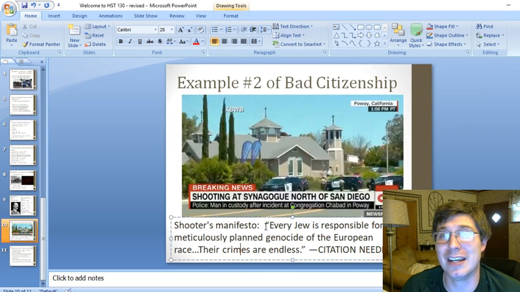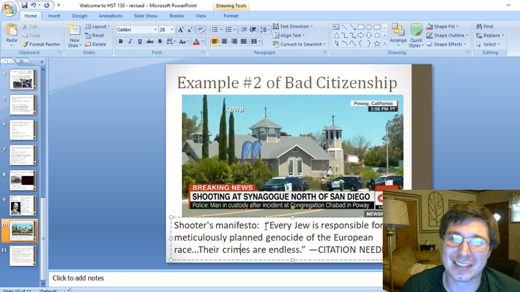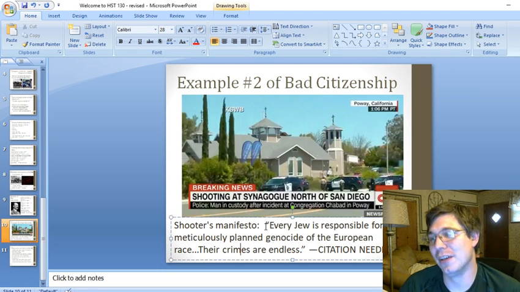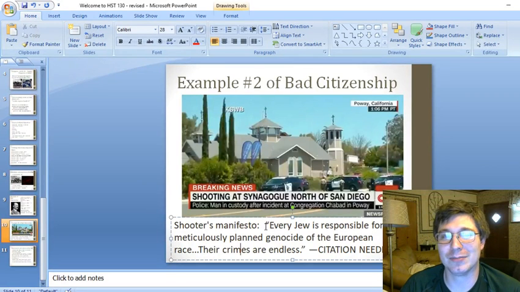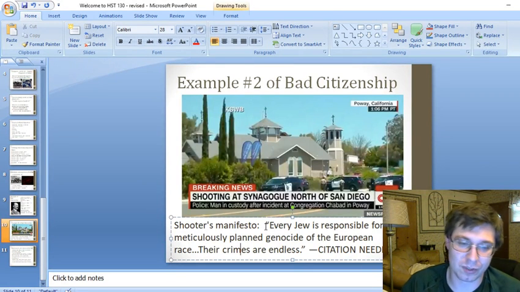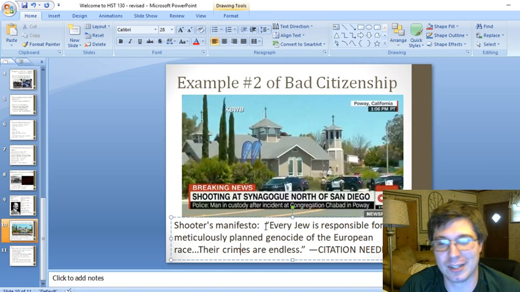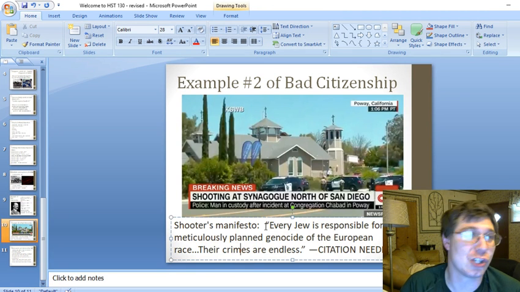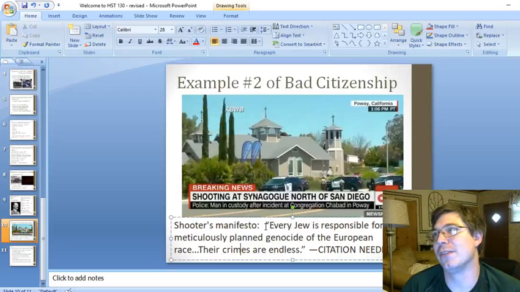And for this, extraordinary claims need extraordinary evidence, as the saying goes. So the more extraordinary the claim, such as that every Jew is responsible for the meticulously planned genocide of the European race, you would need some extraordinary evidence to back up that claim. If a student had that sort of evidence, or could cite specific information for this in a research paper, that would be the most astonishing research paper ever.